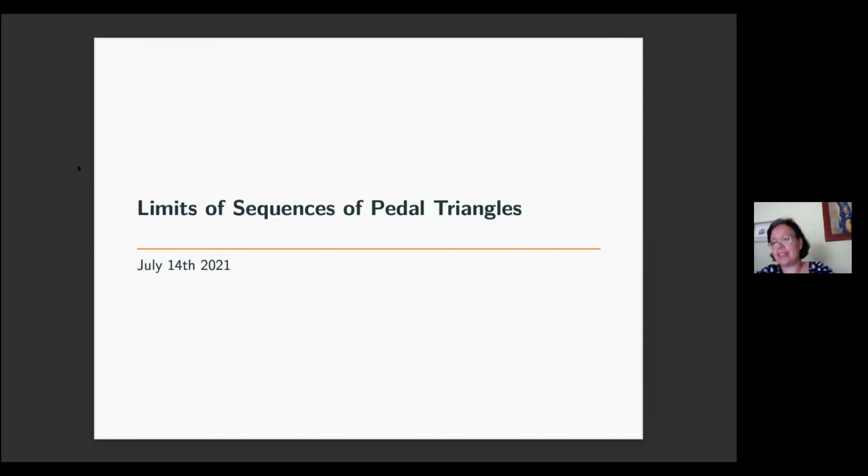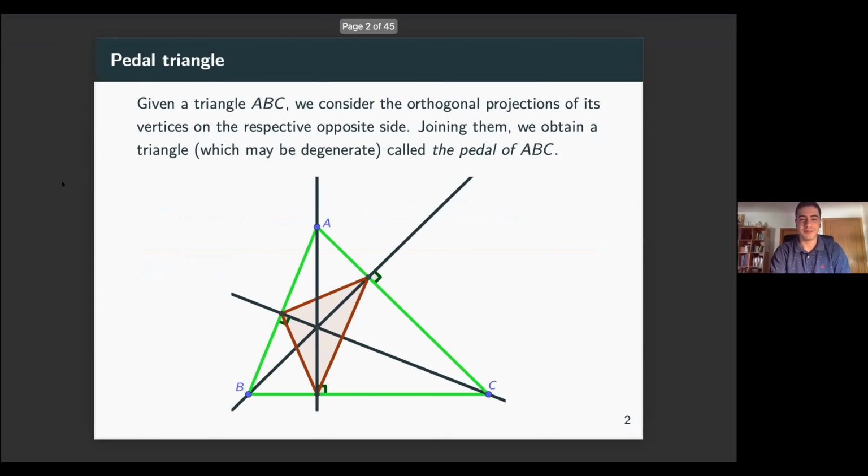Thank you. So the title is Limits of Sequences of Pedal Triangles. First of all, what is a pedal triangle? We take an arbitrary triangle, we project the vertices onto their respective opposite sides, and joining those three projections, we get a new triangle, which we call the pedal.